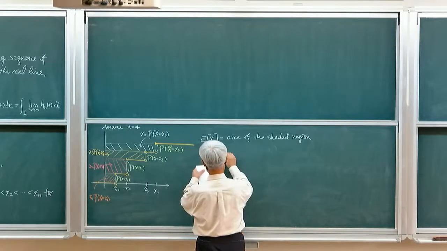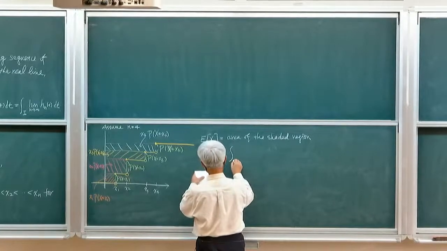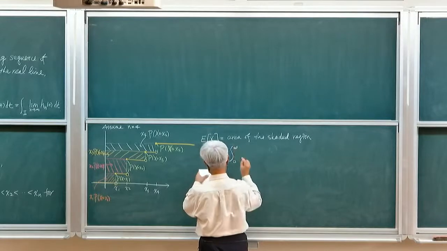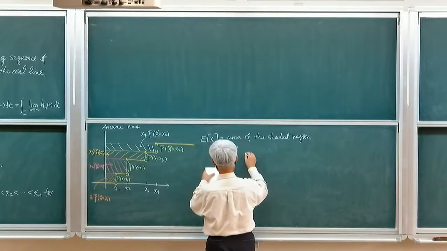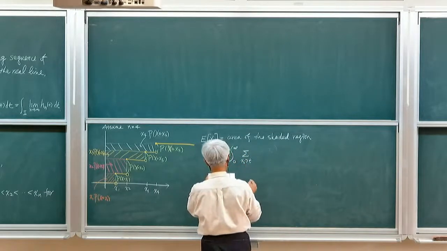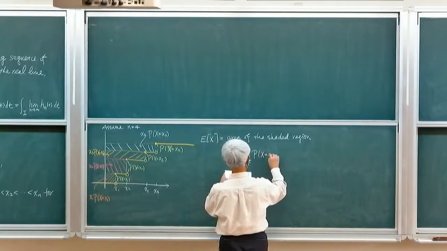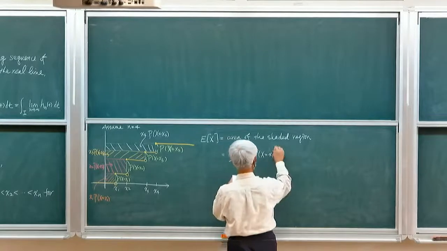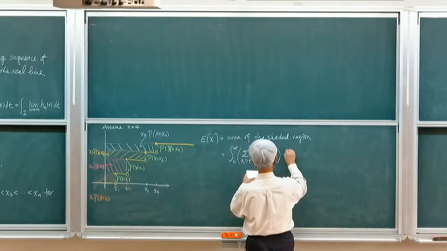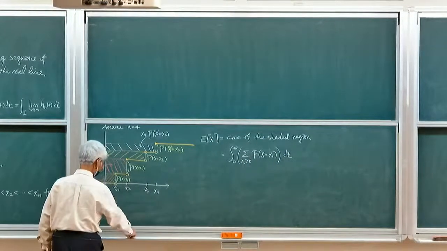So this is equal to the integral from 0 to infinity of the summation over x_i greater than or equal to t, of the probability of X equal to x_i, dt.